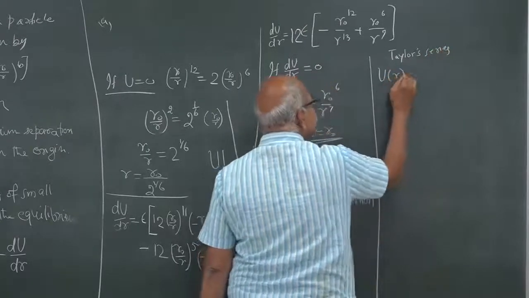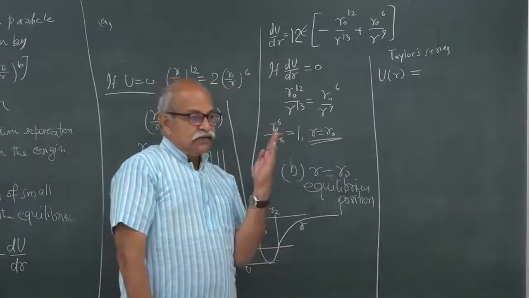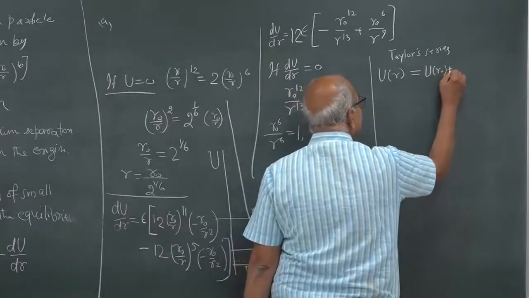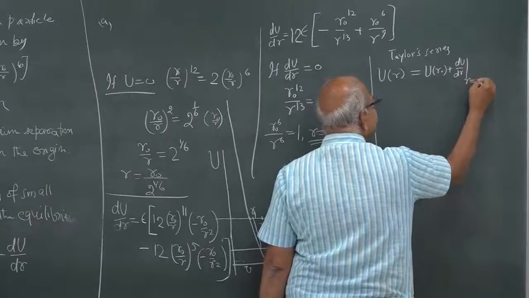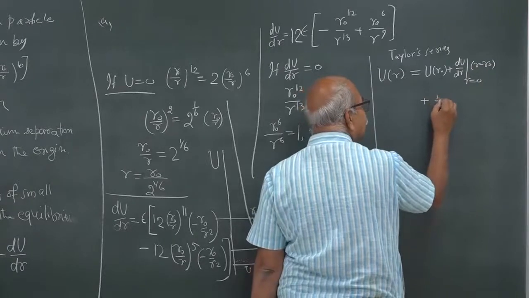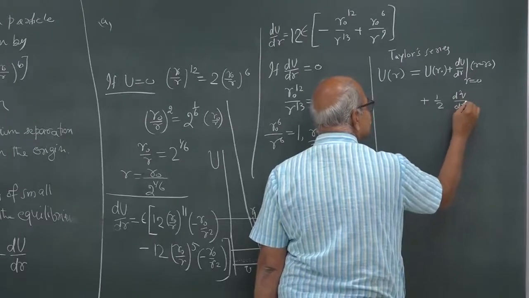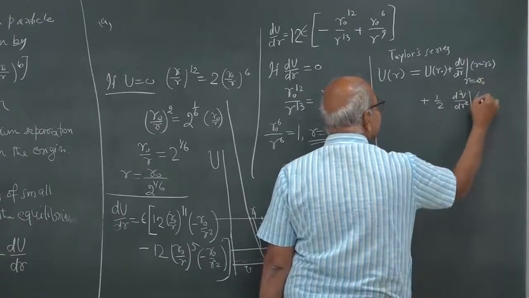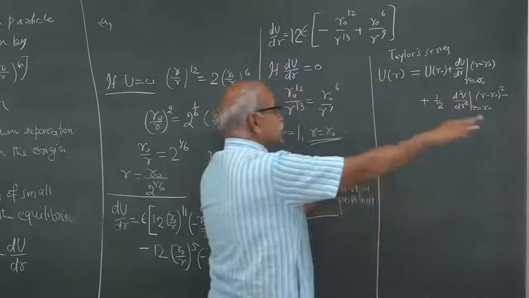It says that if you have to get u as a function of r and you have a point r naught which is very close to it, you can write it as u at r naught plus du dr at r equal to r naught multiplied by r minus r naught, plus half of the second derivative d2u dr square evaluated at r equal to r naught multiplied by r minus r naught square, and similarly higher order terms coming in there.